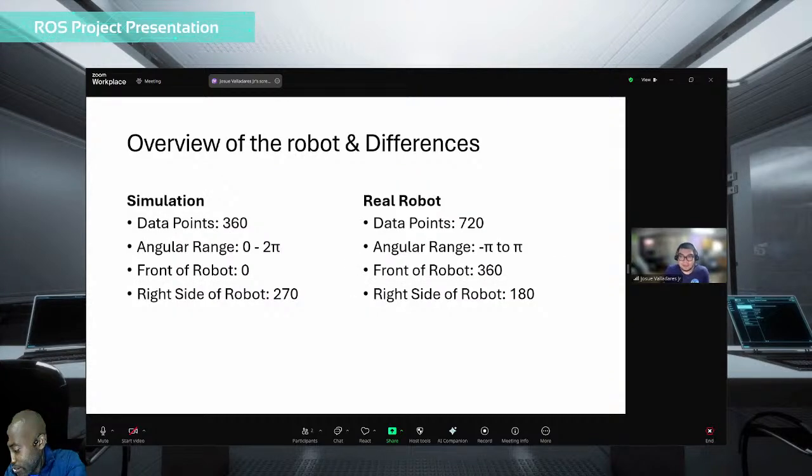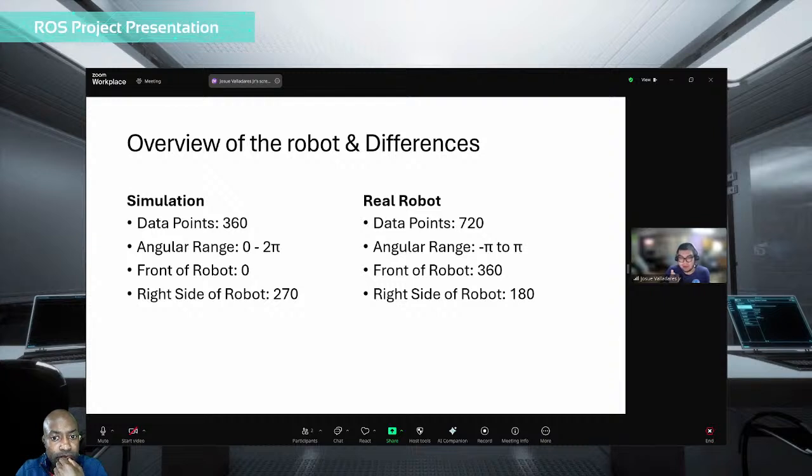So, a quick overview of the robot and its differences from the simulation. The simulation had around 360 data points with its angular range going from 0 to 360 degrees, or 0 to 2 pi. The front of the robot was at index 0, while the right side of it was about 270.